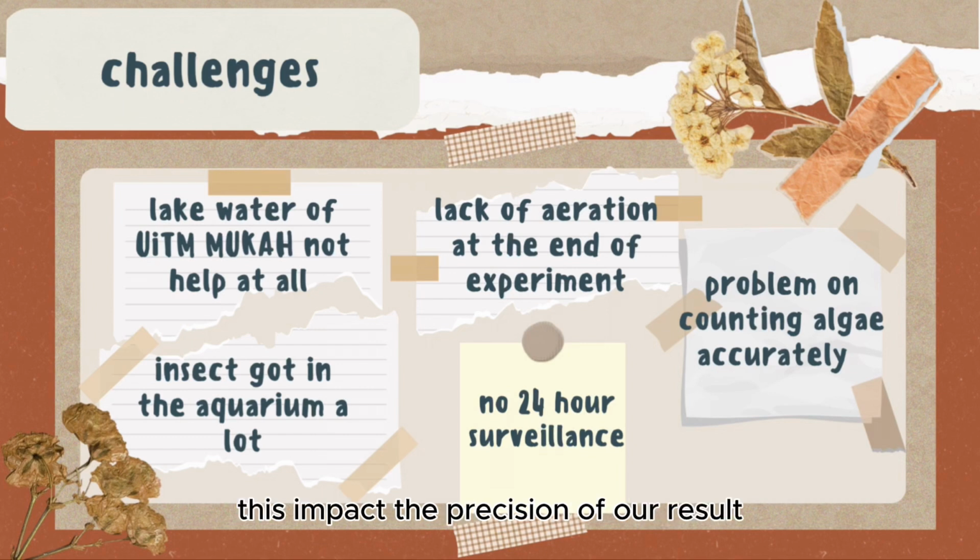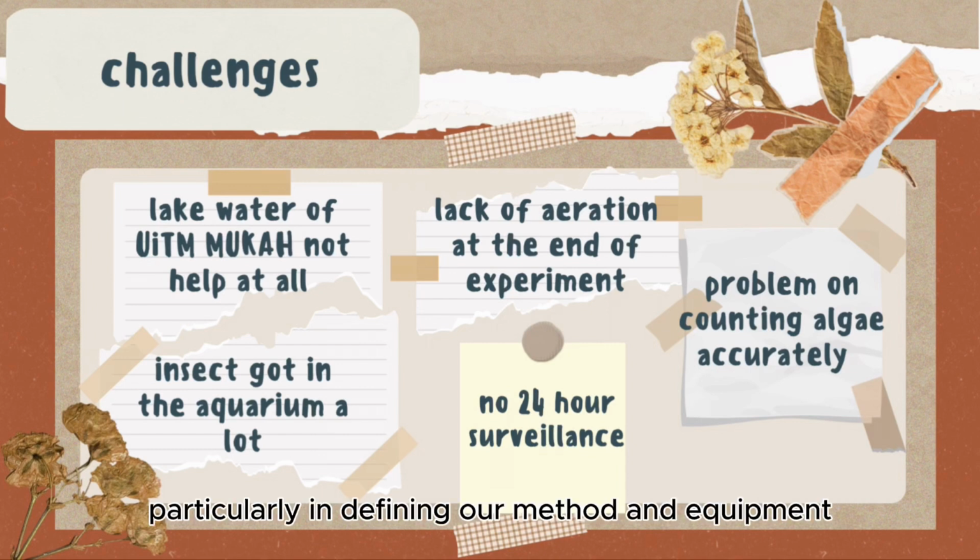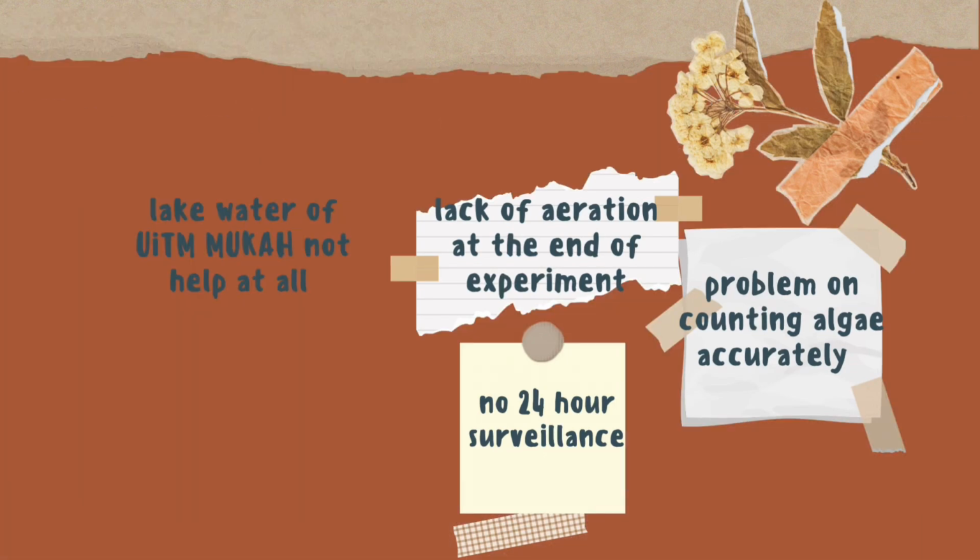This impacted the precision of our result and added to the challenges of data collection. These challenges provided valuable lessons and highlighted areas for improvement in future studies, particularly in refining our method and equipment.